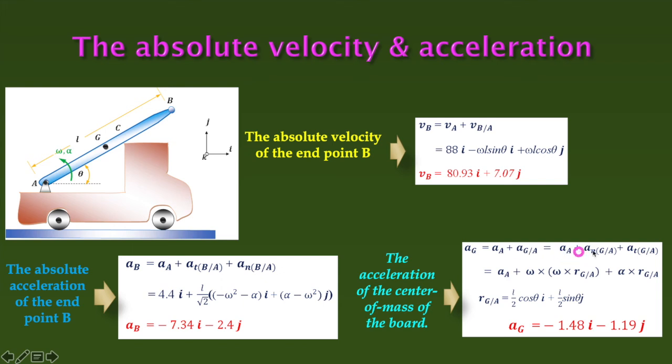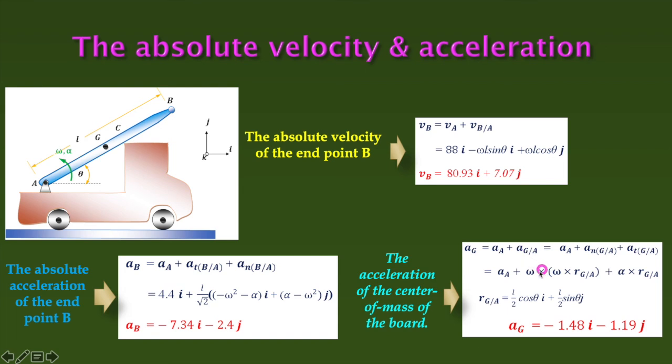So AA plus, similarly, this relative acceleration can be written as a combination of normal and tangential components, where this equals omega cross omega cross RGA. You notice whatever angular acceleration and velocity at point B, the same holds for G, meaning the same omega and alpha values are for the entire board.